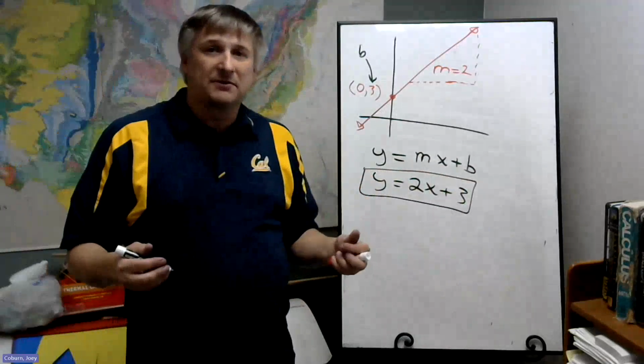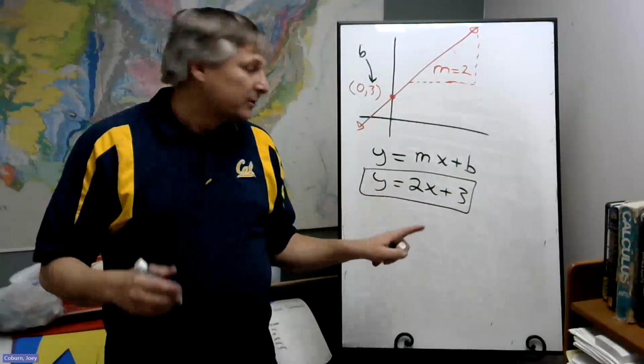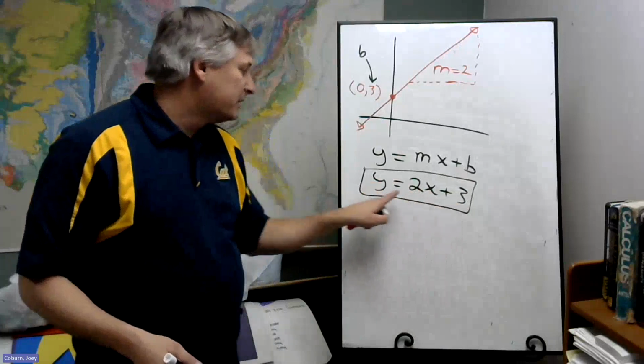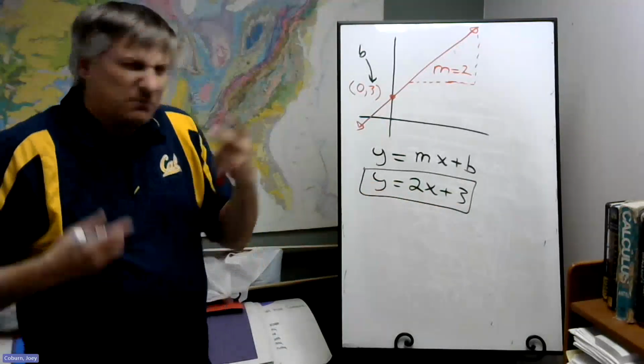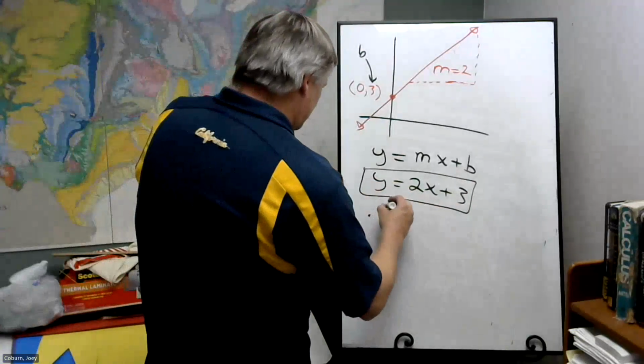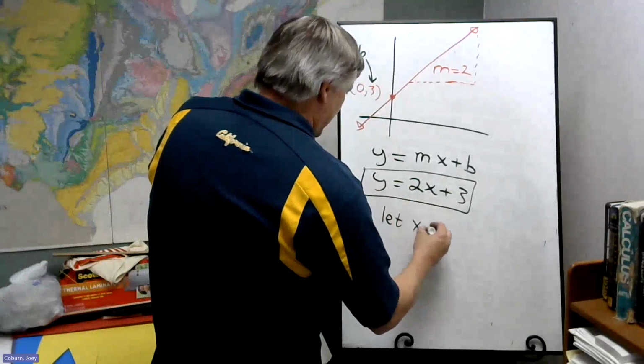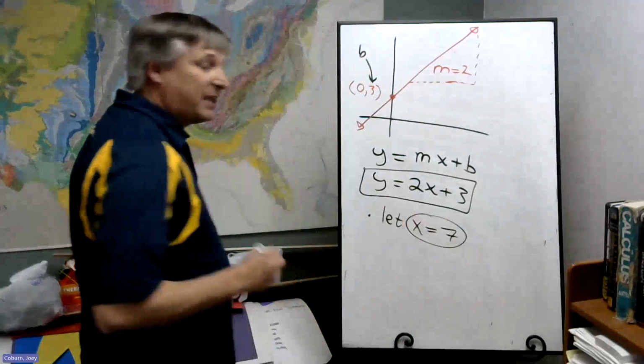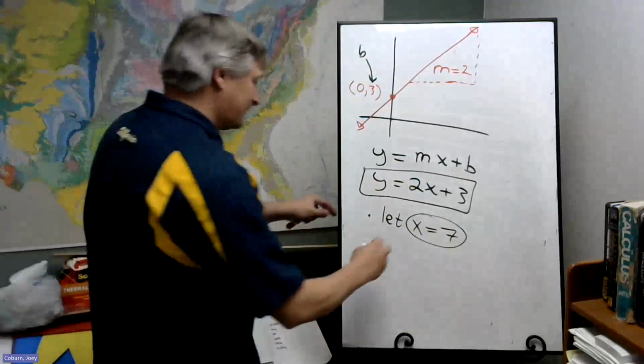And the reason we want this is now we can take an input number, replace x with the input number, do the arithmetic, and get a value for y. So, for example, let x equal 7. So that's going to be the x coordinate of our new point.